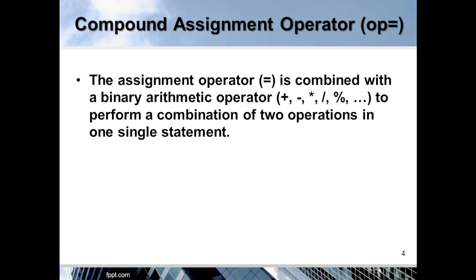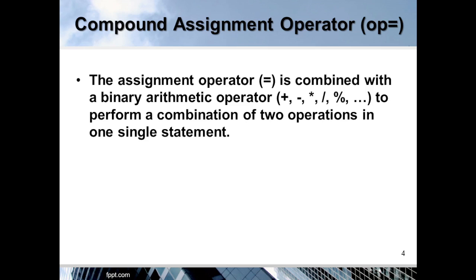The assignment operator equal is combined with a binary arithmetic operator like plus, minus, star, division, and percent for a modulus. So we have an arithmetic operator followed by an equal to perform a combination of two operations in one single statement.